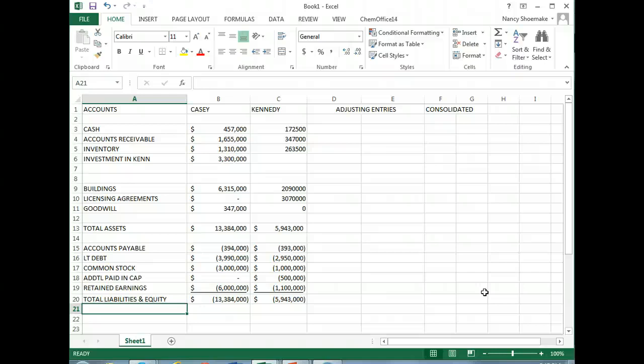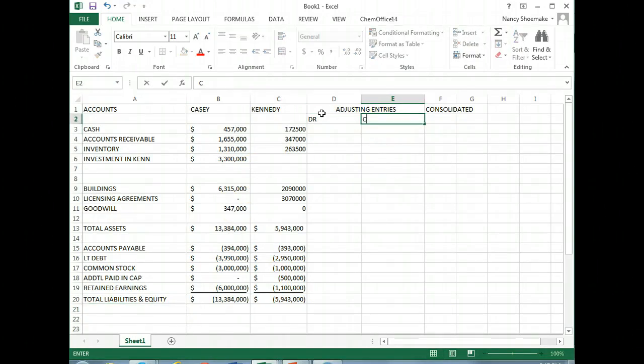So basically what we need to show is, first of all, we need to do an entry. This is the debit side. This is the credit side. Our investment in Kennedy is a debit of $3,300,000, right? We need to eliminate the investment portion.